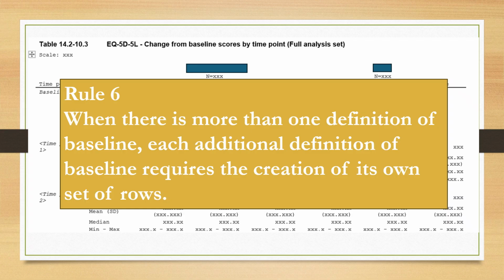Rule number 6 says when there is more than one definition of baseline, each additional definition of baseline requires the creation of its own set of rows. As we have discussed in this example, when you derive the baseline records for time point 1 and time point 2, you will need to create a new set of rows for these time points to identify the baseline records for these time points and hence populate the BASETYPE variable.